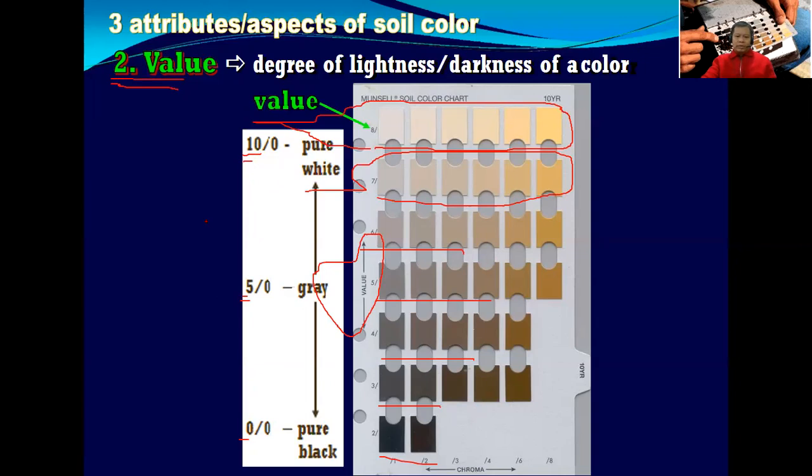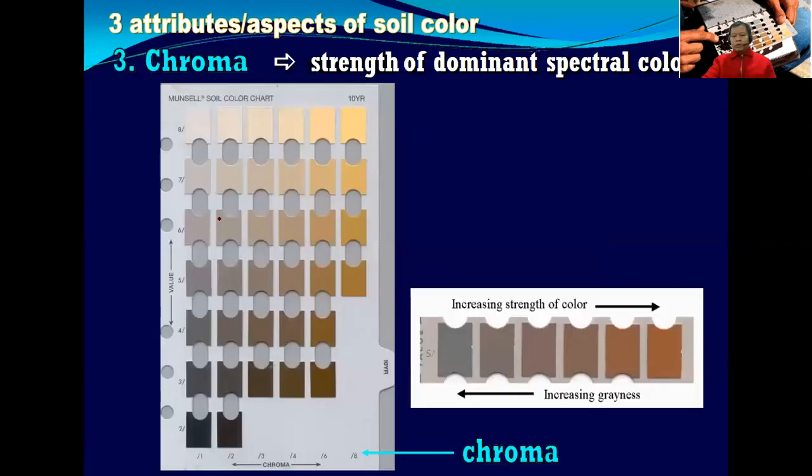Another attribute that we are going to describe soil color is the chroma. Chroma is the strength of a dominant spectral color. Chroma usually in a ply or in a leaf of Munsell soil color chart, makita mo dito sa bottom portion of the Munsell soil color chart. And it is designated by a value which is the denominator.